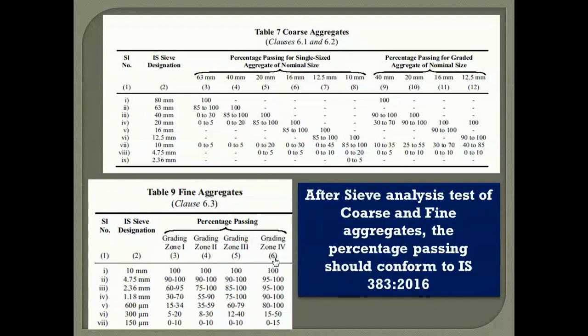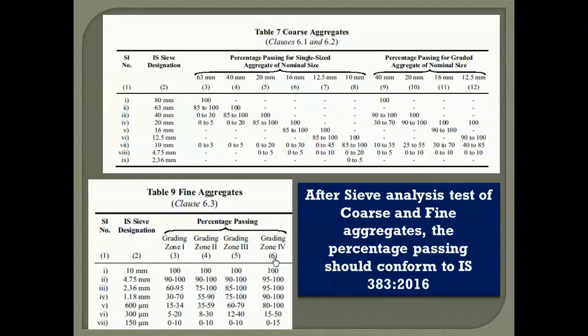For fine aggregate, when we do the sieve analysis test, it should come to either zone 2 or zone 3, because zone 1 is coarser sand, and zone 4 should not be used in RCC construction work because it is a fine sand.